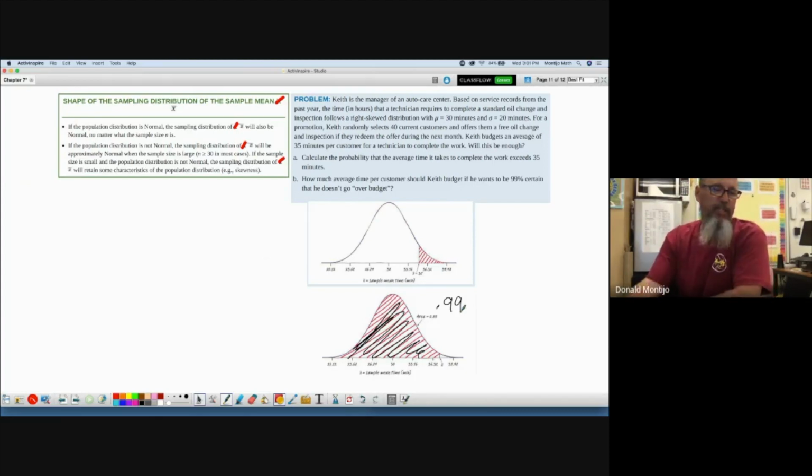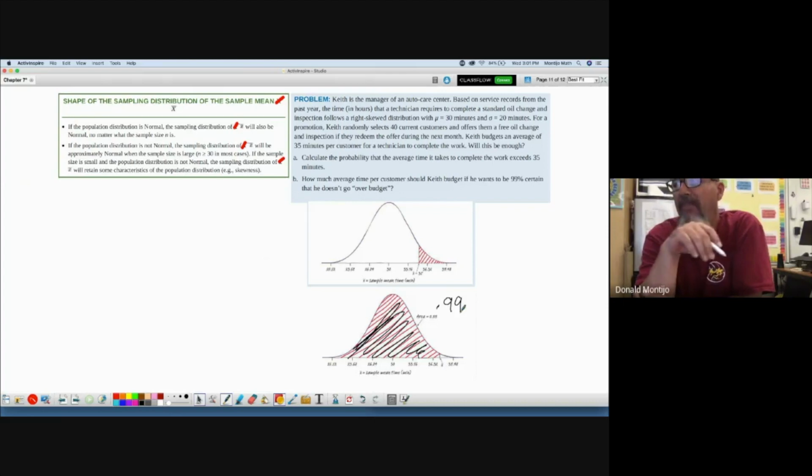Well, we need to work backwards now. We know it's normal. We already established that because n is equal to 40, which is greater than 30, by the central limit theorem, the data is approximately normal. We know the center is at 30 because the mean of x bar equals mu. And we know the standard deviation is 3.16 because the standard deviation of x bar is equal to sigma over root n.